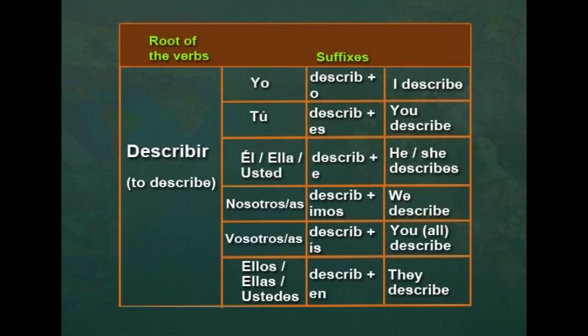Let us look at the next verb, that is describir, to describe. This verb has the stem or root describ. So, the conjugation goes yo describo, I describe, tú describes, you describe, él, ella, usted describe, he describes, she describes, or you, formal, describe.